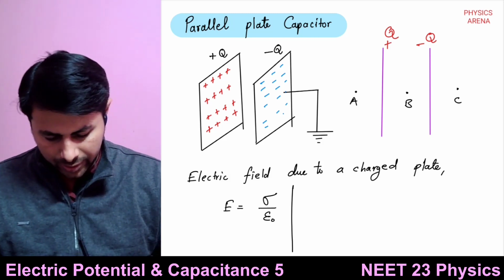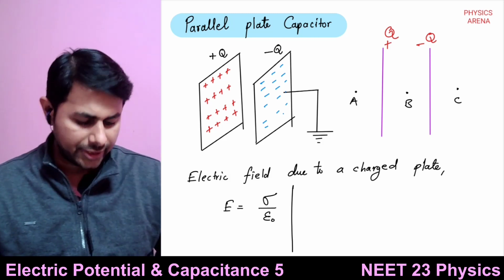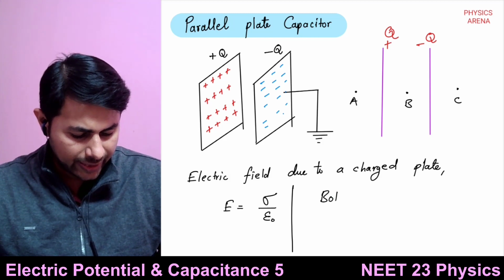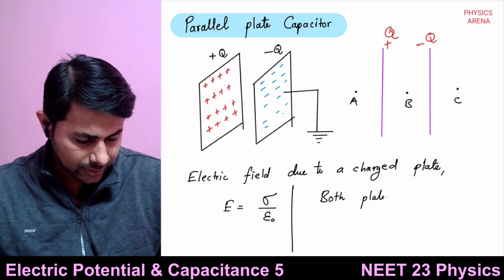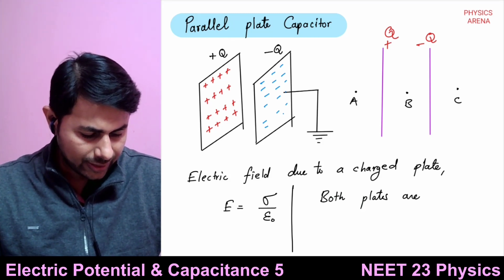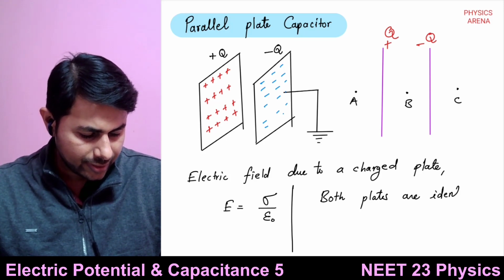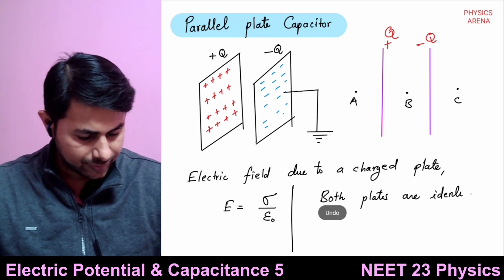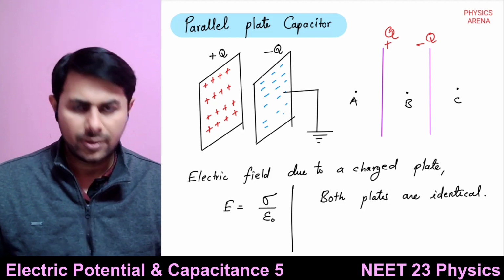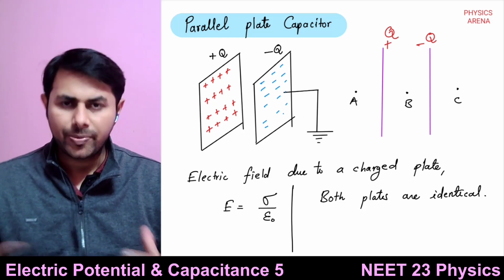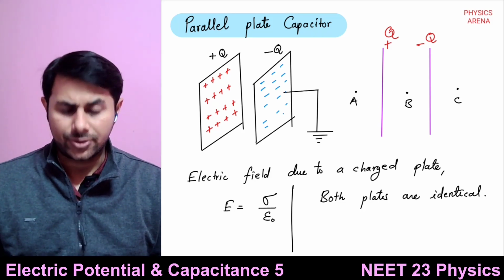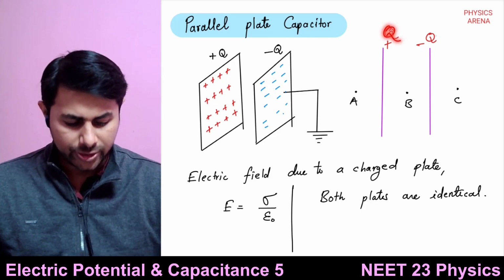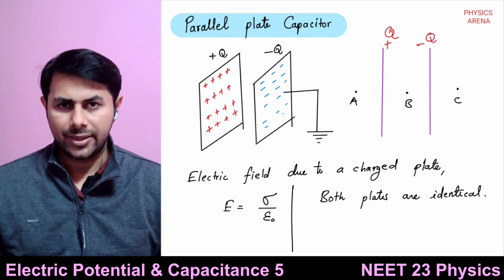Suppose both plates are identical, and both have an equal amount of charge, but the charge on this plate is positive and on this plate is negative.